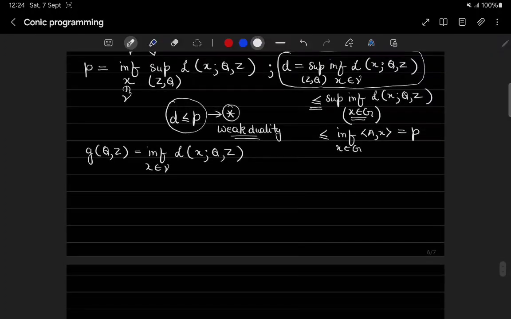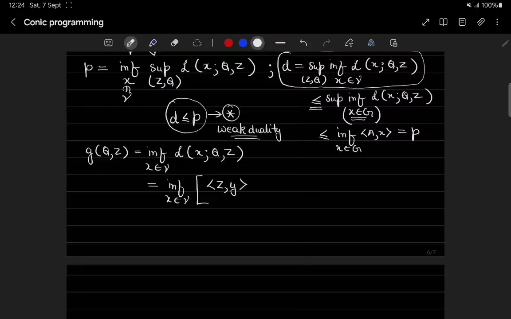Let G be this, and then the dual problem will be defined appropriately, but here we can do some simplification actually. So this can be written as infimum over x belonging to V times zy.